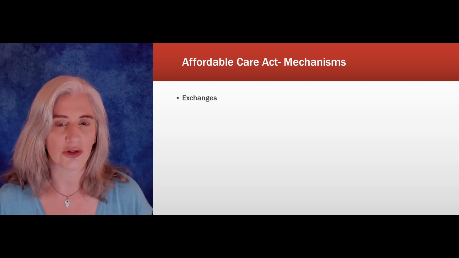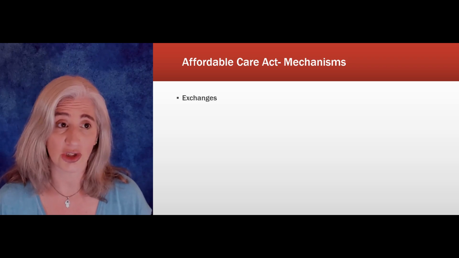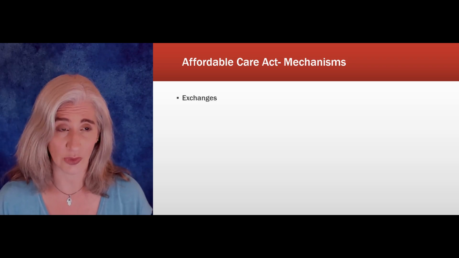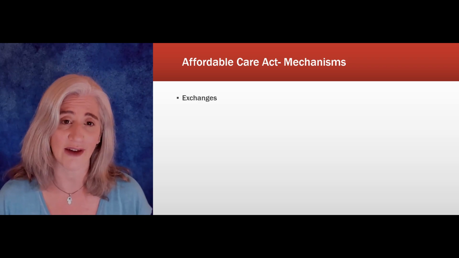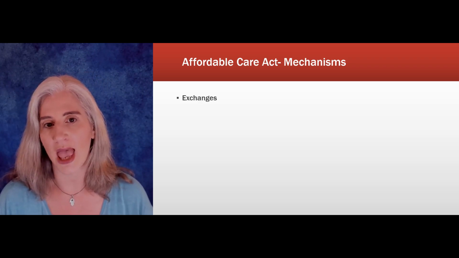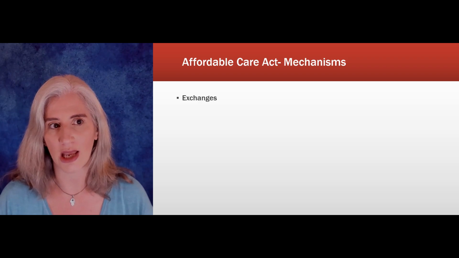Self-employed, contractors, those who work for companies that don't offer health insurance. So that's any company with less than 50 employees, which doesn't have to pay for insurance. And those who are employed part-time.